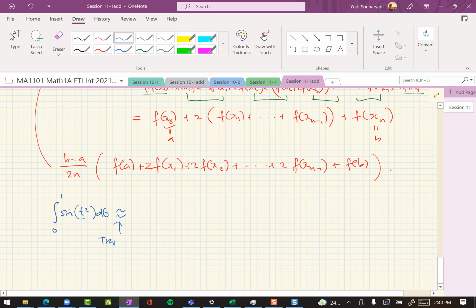N equals 4. So the interval length is 1, divided by 8.